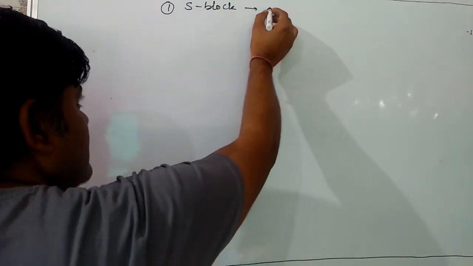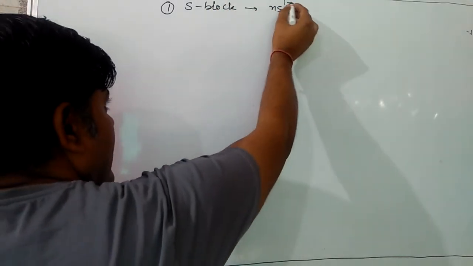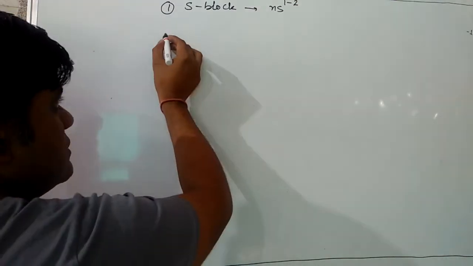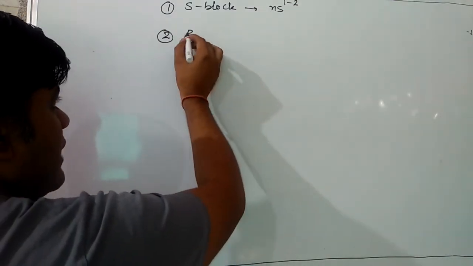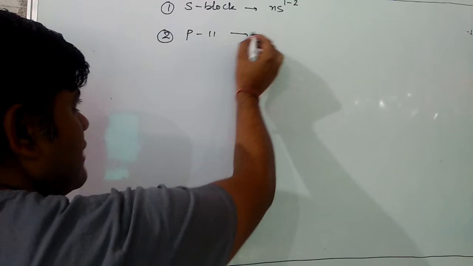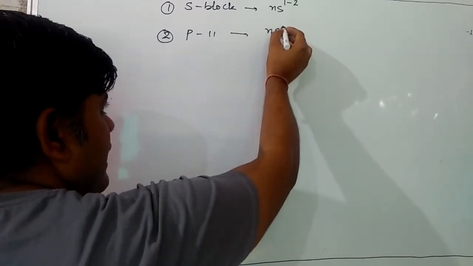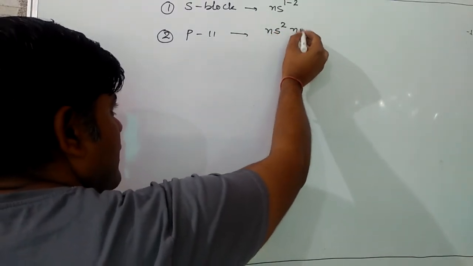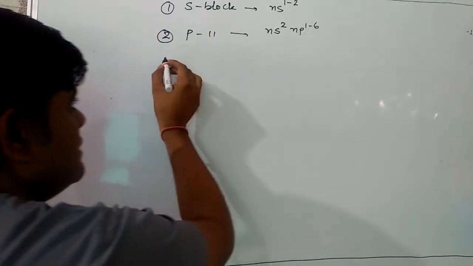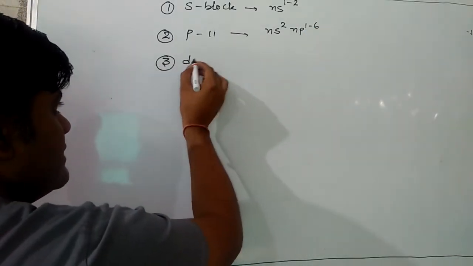Their general outer shell configuration is ns1 to 2. Next are the P block elements. Their general configuration is ns2, np1 to 6. The third are the D block elements.